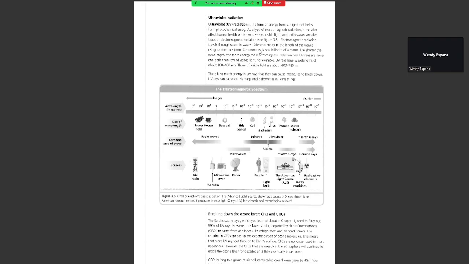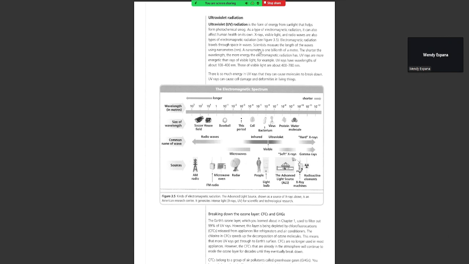So UV rays, for instance, come in. Remember, they're what the ozone layer in the atmosphere is supposed to be protecting us from, but they do get through, and they can cause your skin to be damaged. They can cause sunburns, and then that can lead to other issues.